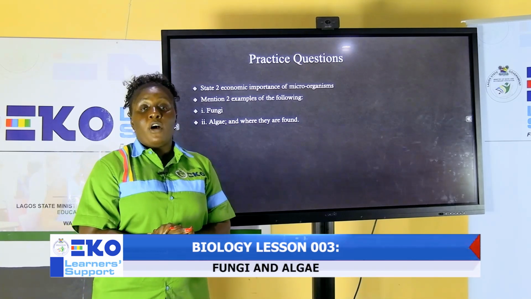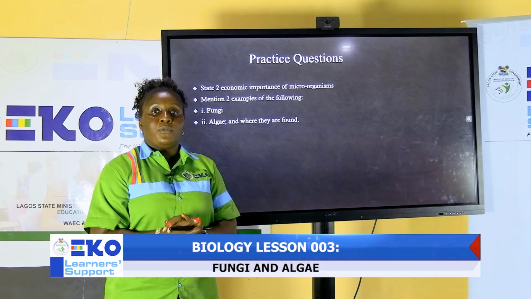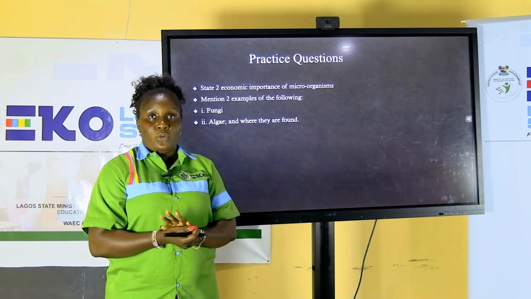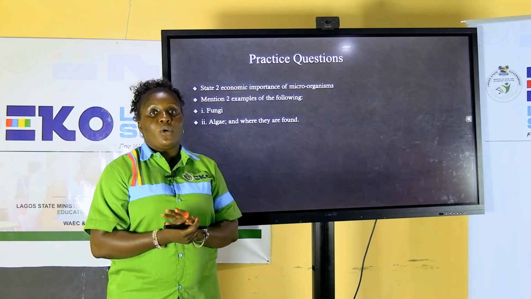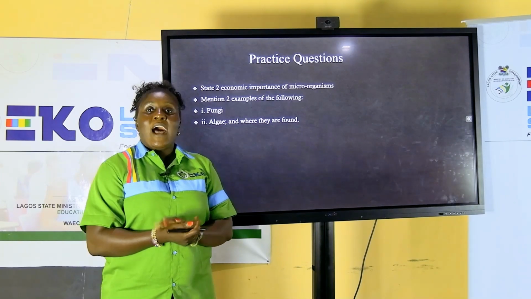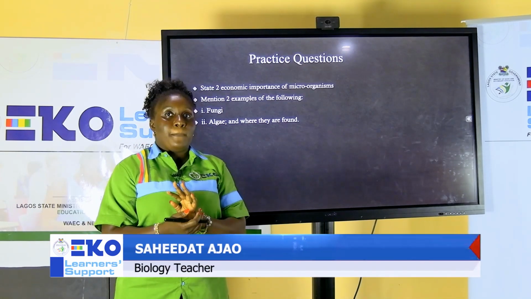For protozoa, the economic importance of protozoa is that they are used in fish culture. Number 4, we have that of algae. Algae is used in the sewage treatment of plants.